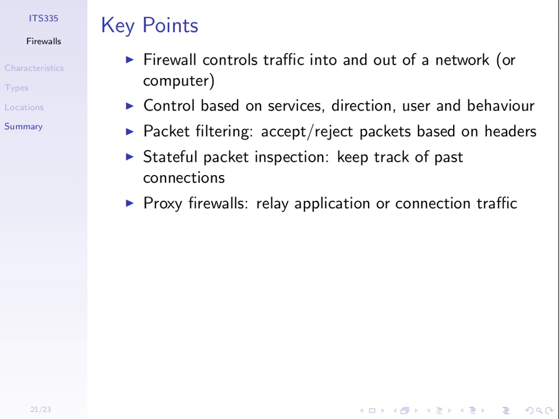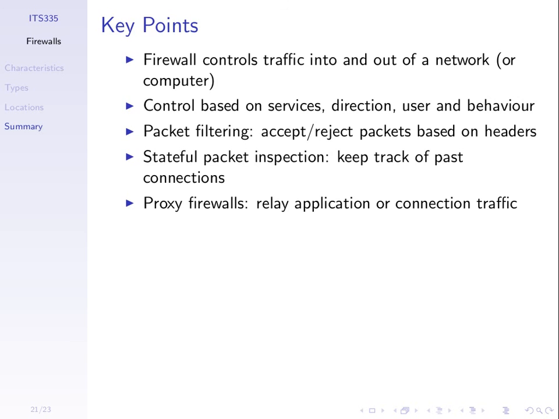Firewalls control traffic in and out of our network, or a computer, but we will focus mainly on organizations' networks. We control based upon the servers, port numbers, which direction the traffic is going in, which users. We can identify users by IP addresses, but there are also other ways to identify users. And the behavior, for example, looking at the content of the data.